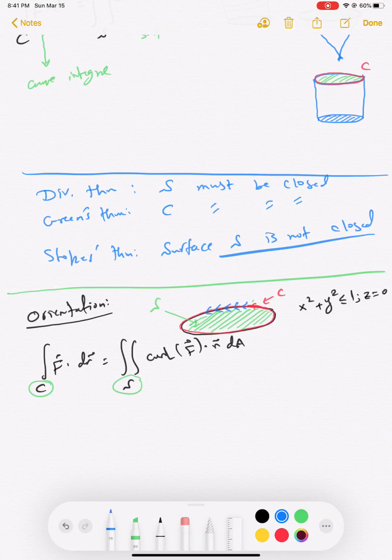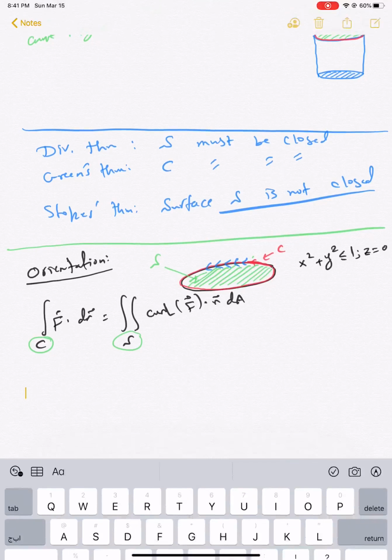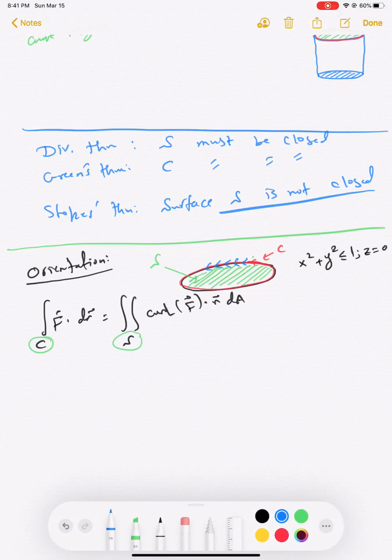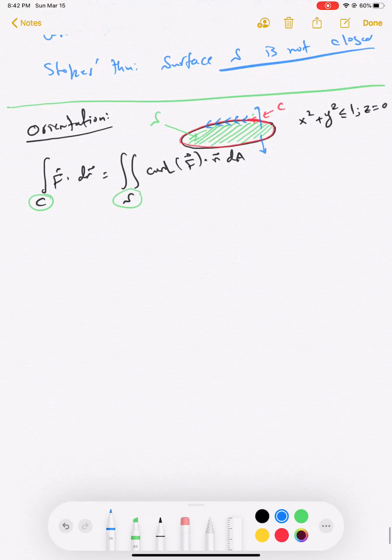If you do it the other way, you get negative 5. The same thing for the surface. Remember the orientation of the surface is specified by the normal vector. If you use this normal vector, you get 5. You use the other normal vector, you get negative 5. So which orientation do you take for each of them to guarantee this equality?